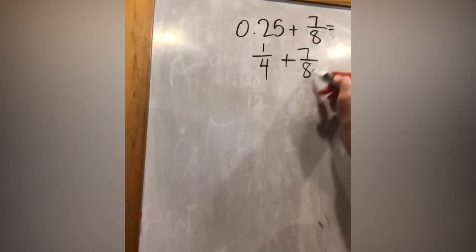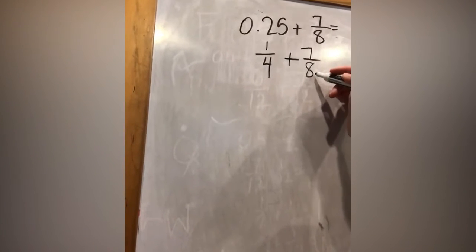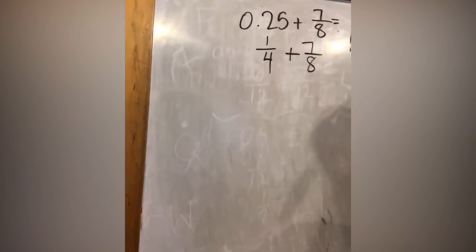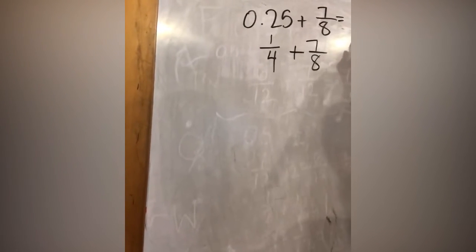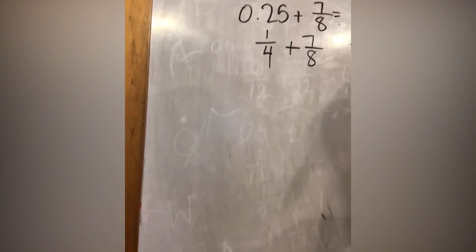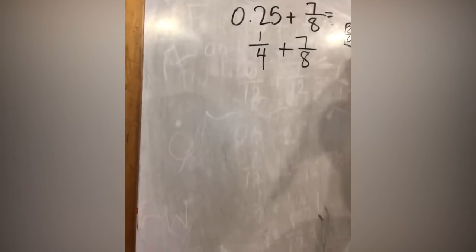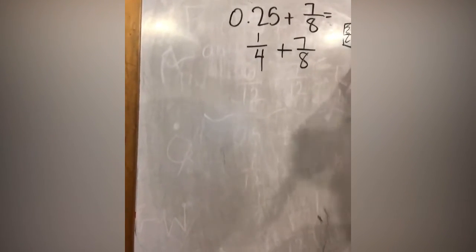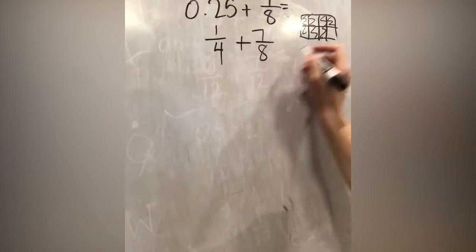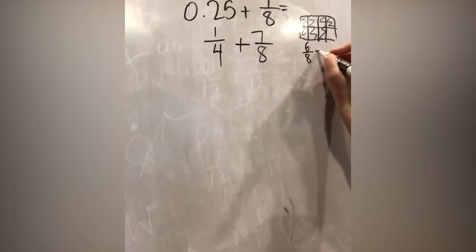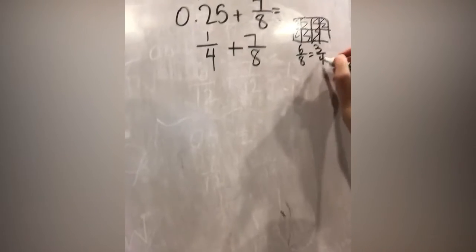And when I think about 7/8, I'm thinking about how if I had eighths, I know that 7/8 is actually very close to 3/4. I know that 6 of those eighths is equal to 3/4.